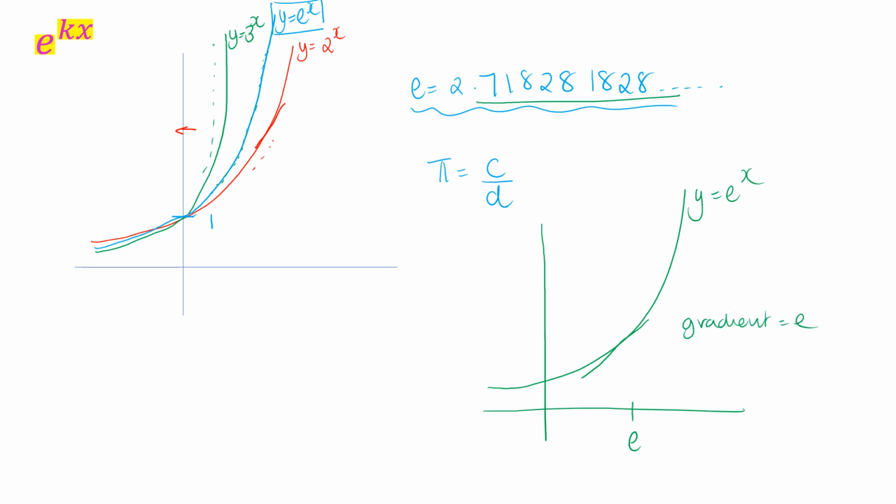But not only that, if I wanted to find the area under the curve, then that would also be e. So in terms of doing some maths, when we're differentiating or integrating, we're using calculus, and it's really easy if we've got our exponential function in terms of base e. It's going to be really easy to calculate the gradient and the area under that curve.